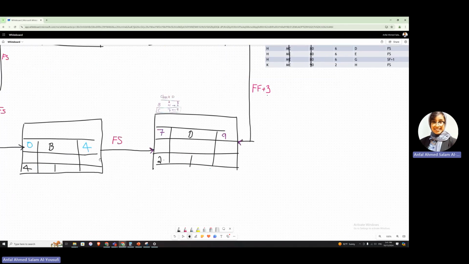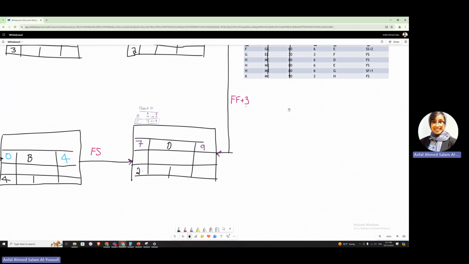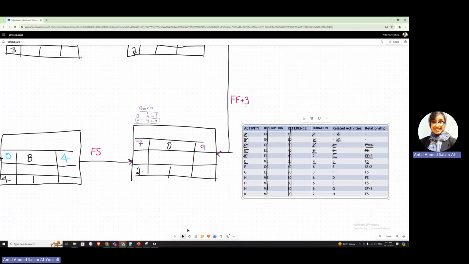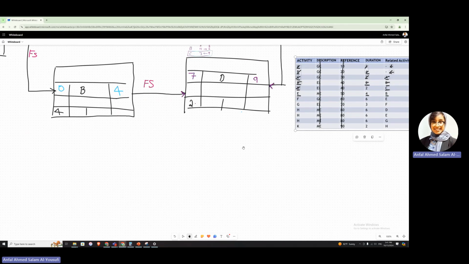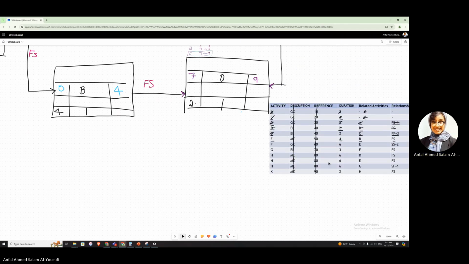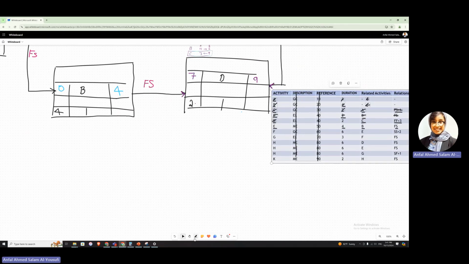My B is somewhere down here, so I can bring this table down so I can easily draw it. Okay, I'm going to keep it here. Now I know I need to finish B in order to start E. So my E would be somewhere in here.